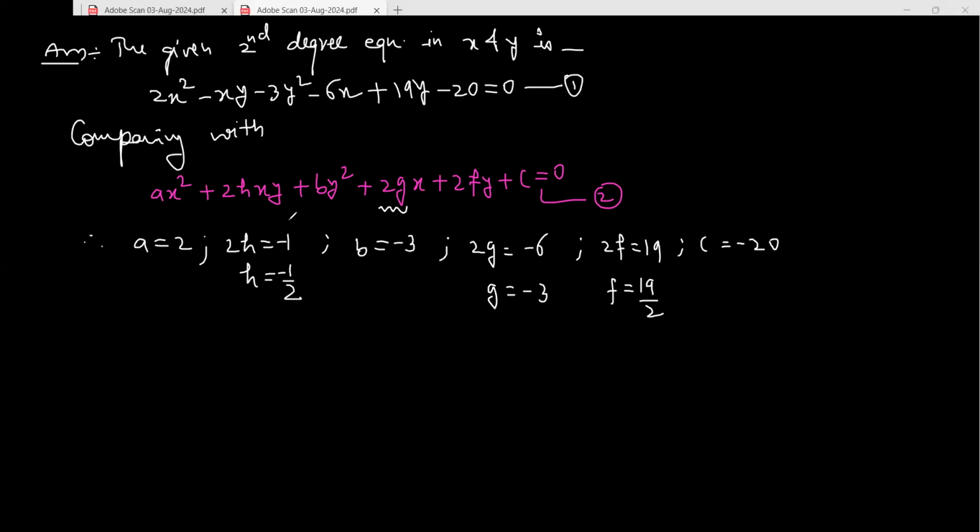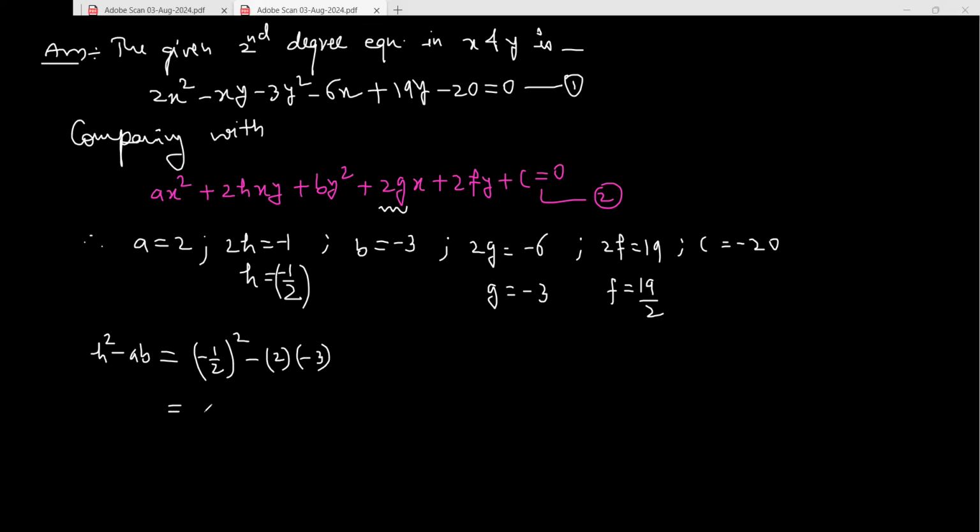Now I will write here. First of all, h square minus ab should be greater than or equal to 0. So h square minus ab is equal to, h is minus 1 by 2, so minus 1 by 2 whole square, minus a times b. a is 2, b is minus 3.